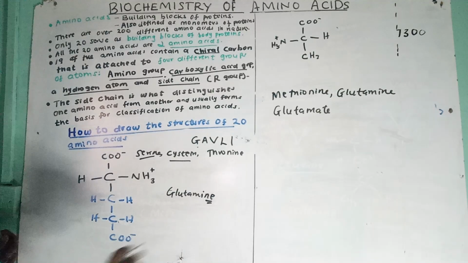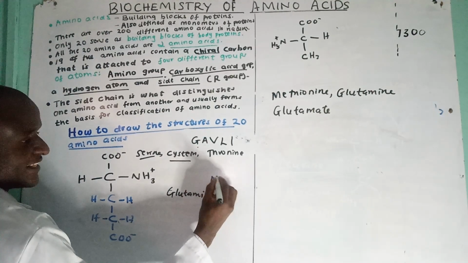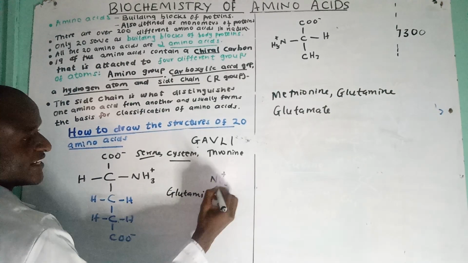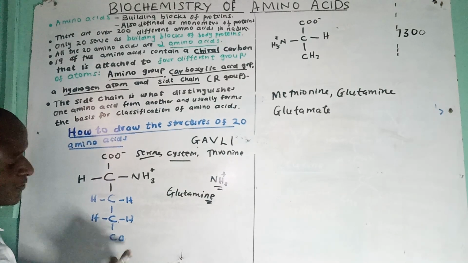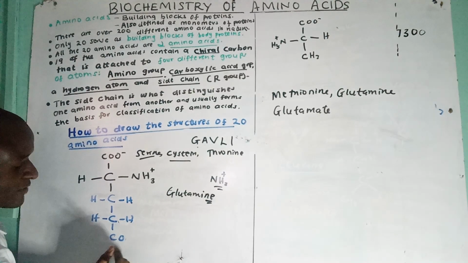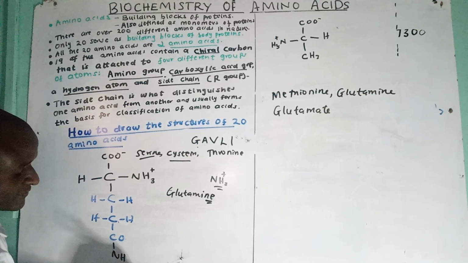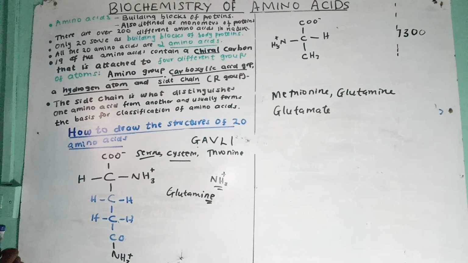The amino acids that end in -ine, they are basic amino acids and they end with amino groups. So to draw glutamine, we will delete one oxygen atom and add it here. So this one is a basic amino acid.